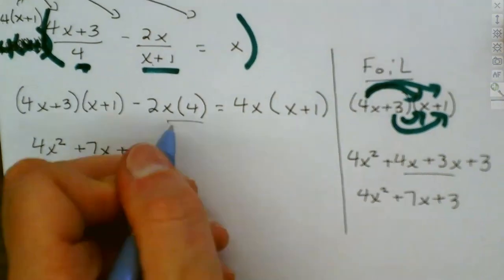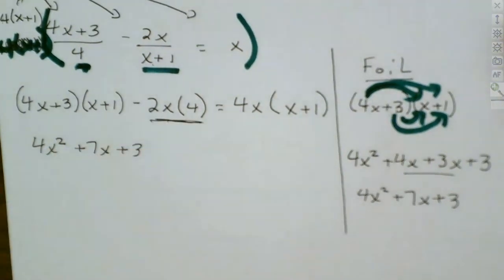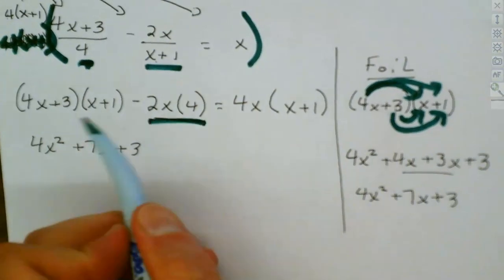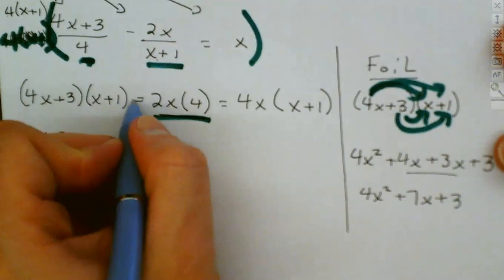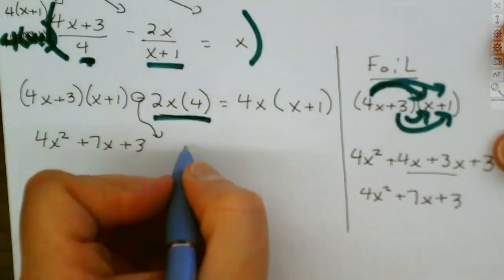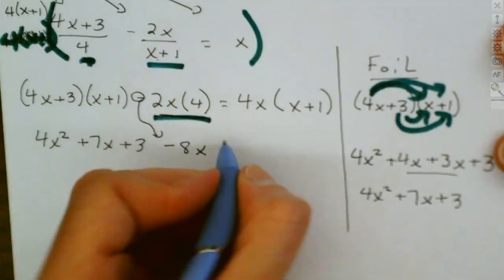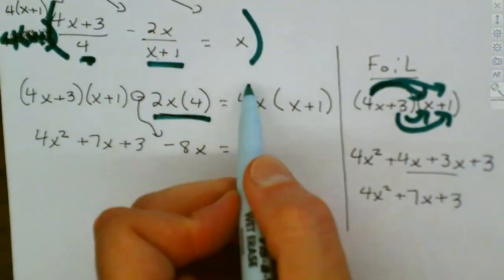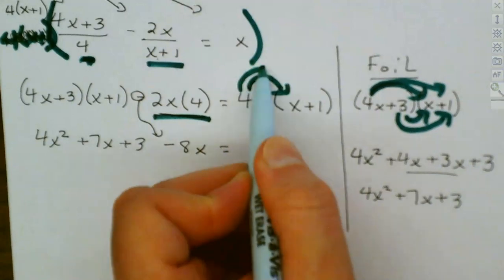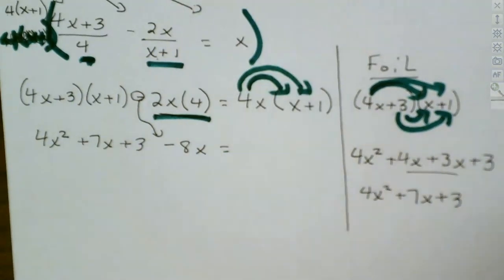What about this piece? What am I going to do with this? Well, this is just multiplication. And 2 times 4 is an 8. And that negative just comes down as a negative 8x there. On the right-hand side, what are we going to do? Well, we're going to distribute that 4x through.